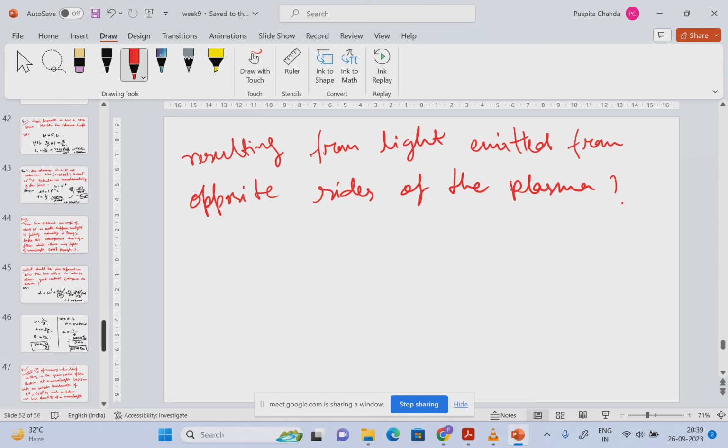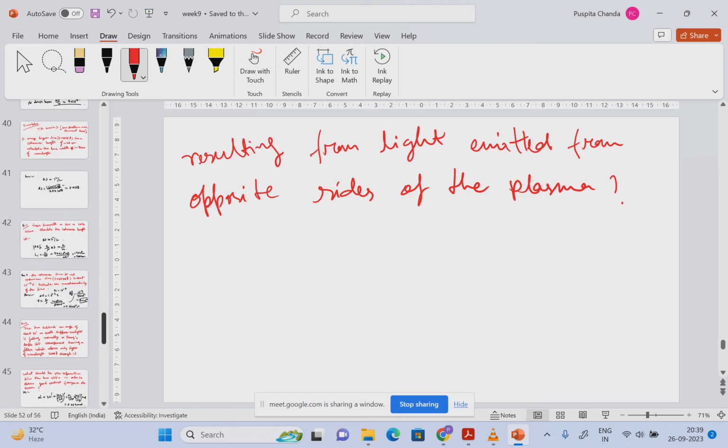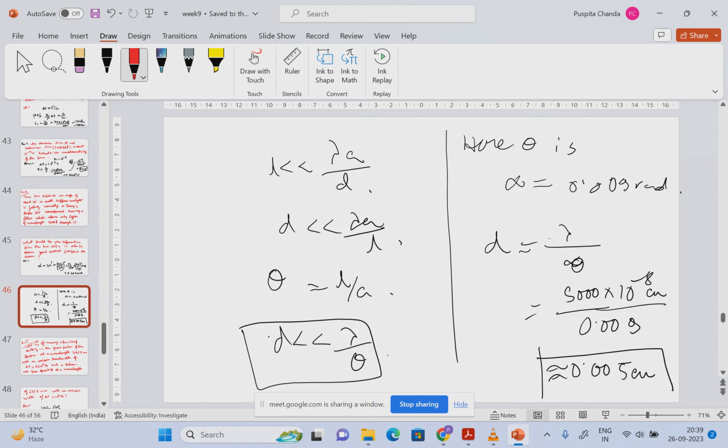Remember this thing D, the size. Okay, the spatial coherence length, you can say.